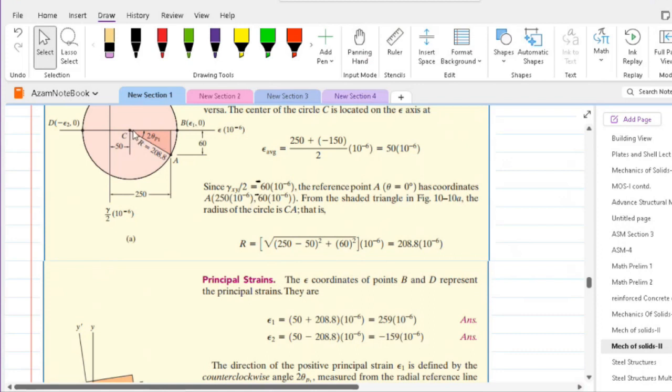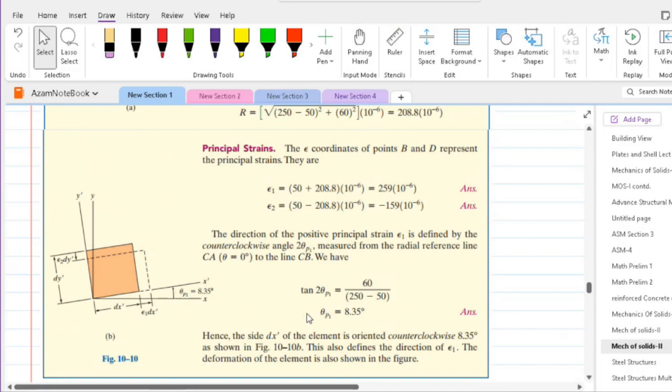In other words, 208.8 minus 50 will give us 159 into 10 raised to power minus 6, and that has to be in negative direction because the second principal strain is in the negative direction.